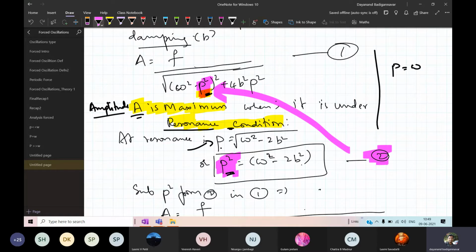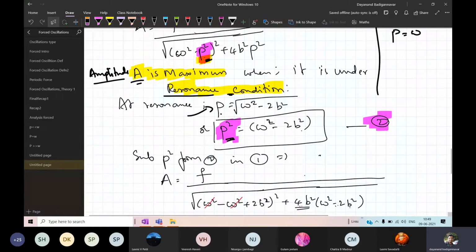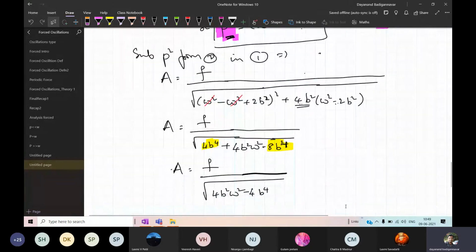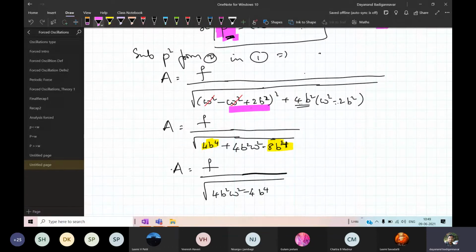For substitution for p square in 1, I get the mathematical term ಇಲ್ಲೇ ಇದು ಇಲ್ಲಿ ಬಂದೈತೆ ನೋಡಿ. This is what I get. Okay, so it is minus of omega square plus 2b square. ಯಾಕಂದ್ರೆ ಇಲ್ಲೇ ಮೈನಸ್ ಐತಿ, ಅದು ಹಾಕಿದ್ರೆ ಅಲ್ಲಿ ಬರ್ತದೆ.